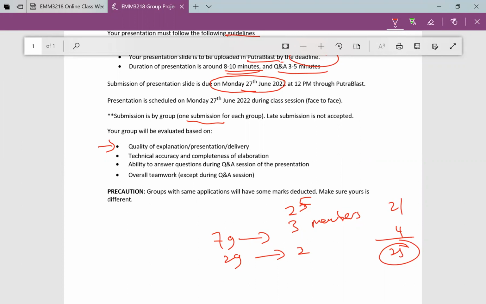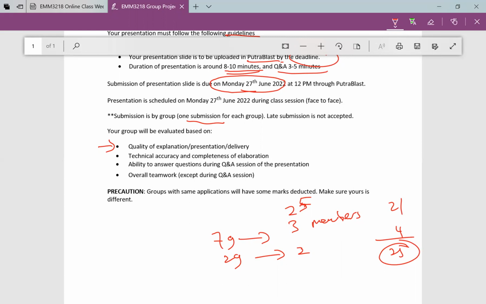And then 3, ability to answer questions, like I said. These questions could be anything based on what I have taught you in the last 12, 13 weeks.